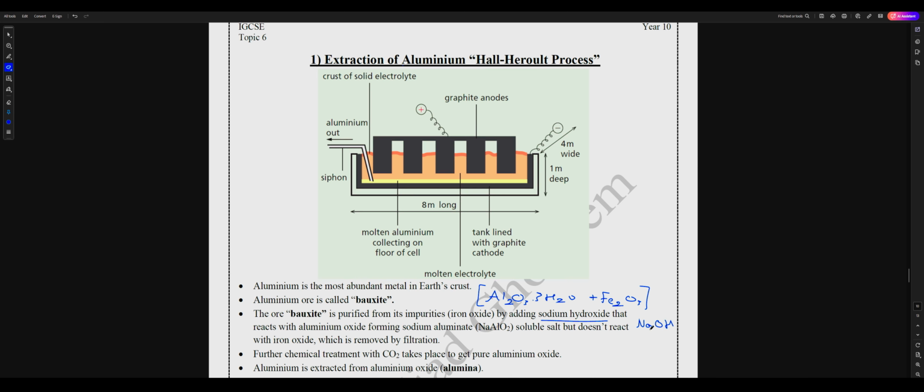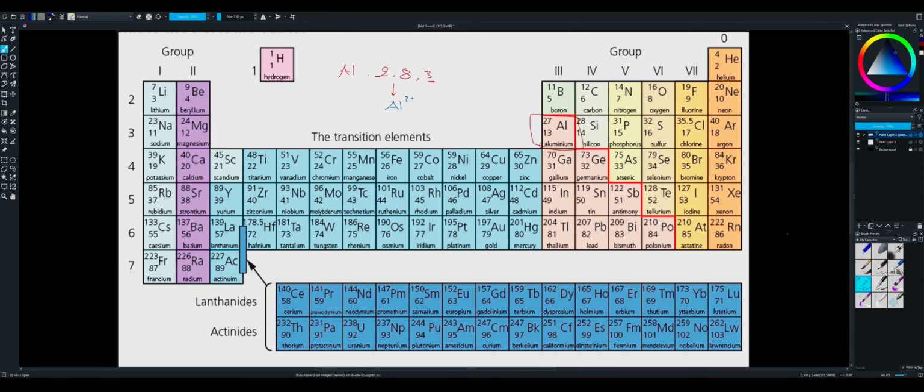Why do we do that? As I said, to get the aluminum in a soluble form. And that soluble form is called sodium aluminate, or NaAlO2.